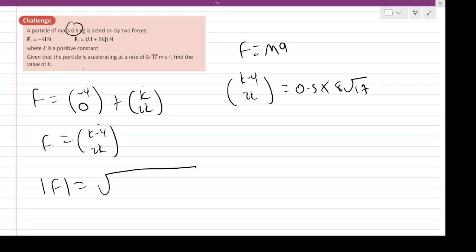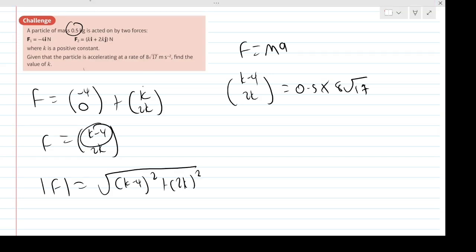It looks a bit weird. It might seem a bit undoable, but it is doable, right? It's just a number. K is just a number. We do the exact same process. So the top parts and the bottom parts all squared. So k minus 4 all squared add 2k all squared.